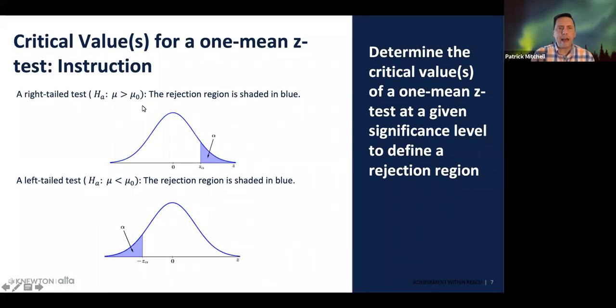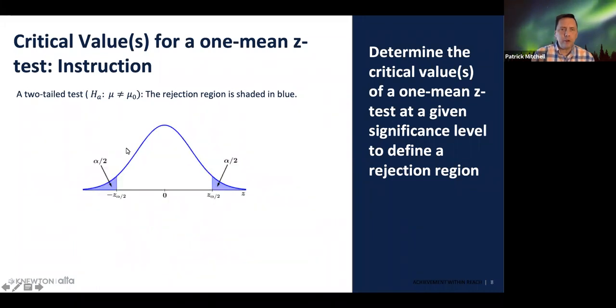For a right-tailed test, where the alternative hypothesis has the form mu is greater than a specific number, the rejection region looks like this. It is right-tailed, so the range of values that will lead you to reject your null hypothesis are on the right side. Similarly, for a left-tailed test, where the alternative hypothesis says that mu is less than a specific number, the rejection region is on the left side of the curve, all values less than your critical value.